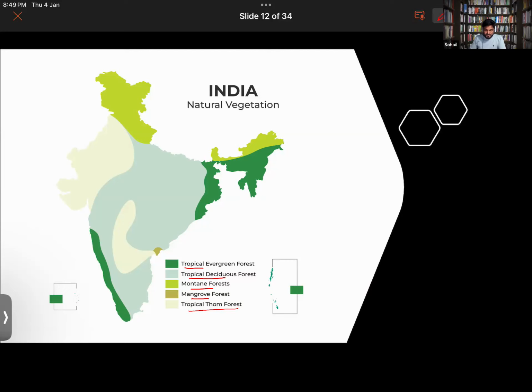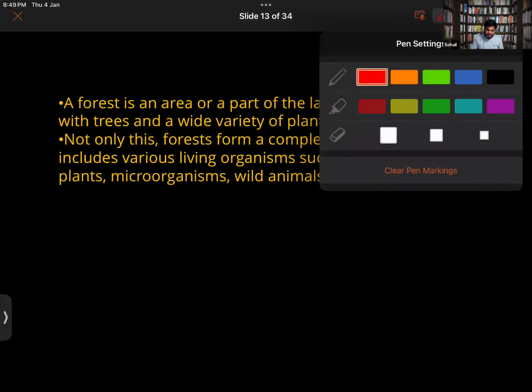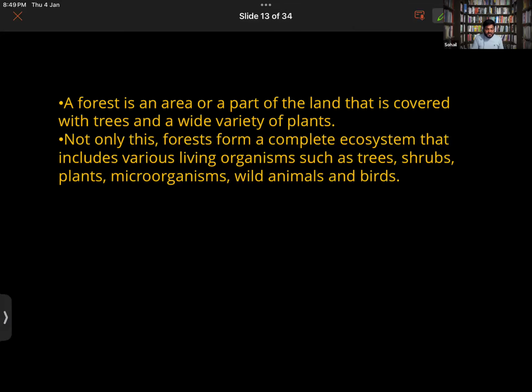Now, here I have taken a definition of forest, which basically says that it is an area or part of the land that is covered with trees and a wide variety of plants. When we say trees and plants, here we are referring to shrubs and herbs.